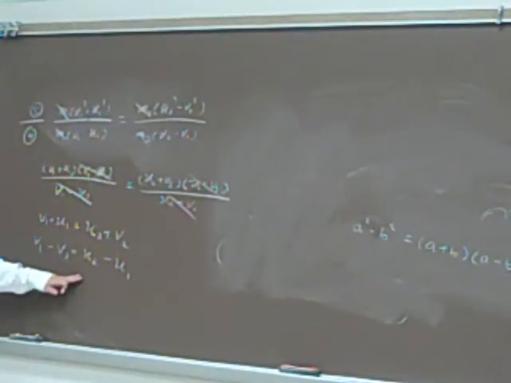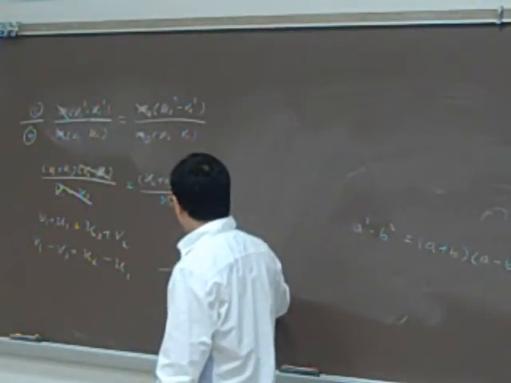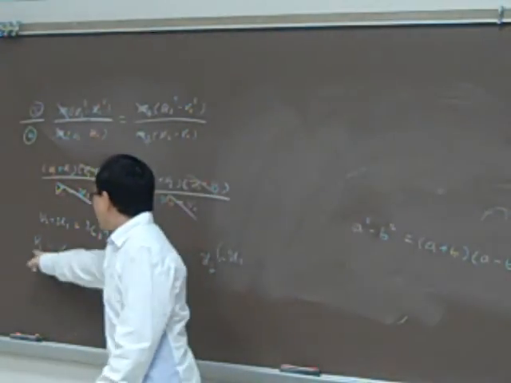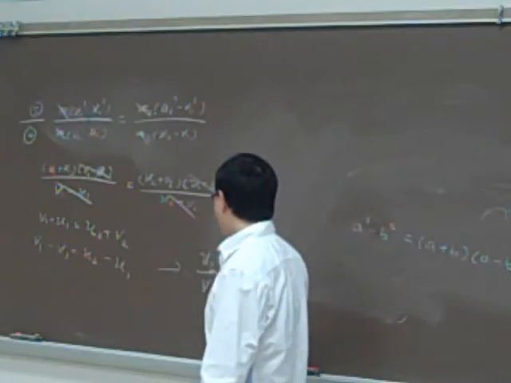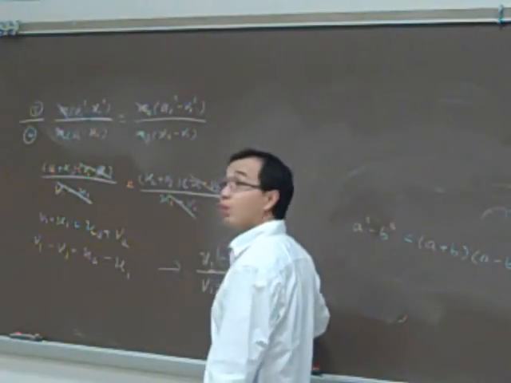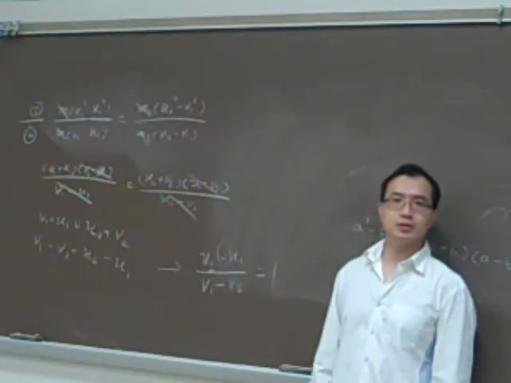And from this, you can see that u2 minus u1 equals v1 minus v2. So u2 minus u1 divided by v1 minus v2 equals 1, right? Any question here?